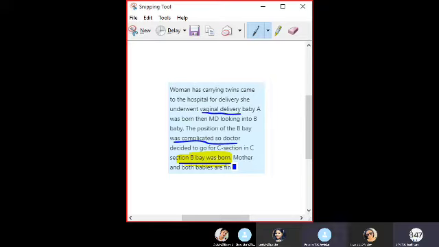For baby A, we already have delivery in the first line, and in the last line, mother and both babies are fine, so that is postpartum care. So baby A is vaginal delivery with postpartum, and baby B has all three cares. So 59510, 59410.